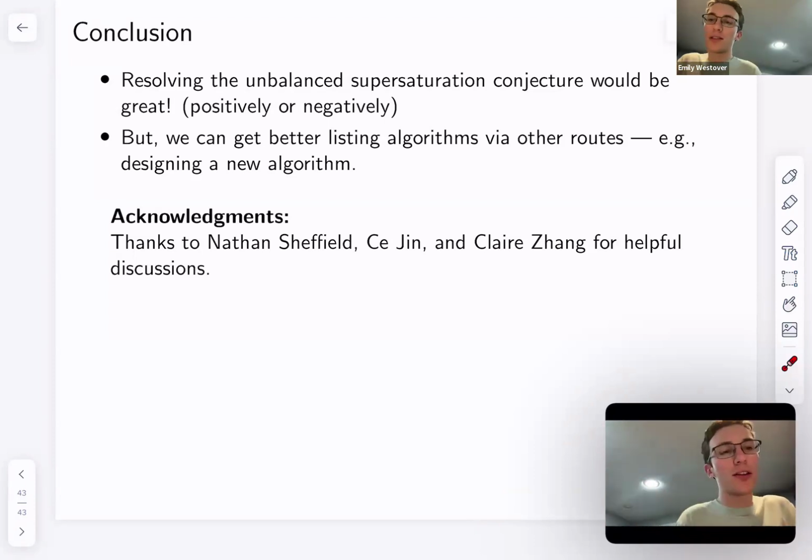We saw that if you could prove this unbalanced supersaturation conjecture, then that would just let you do listing. And then maybe you also saw that we don't necessarily need the unbalanced supersaturation conjecture. Maybe you can have some more combinatorial algorithm that goes through some other route. So anyways, I hope you thought it was interesting.